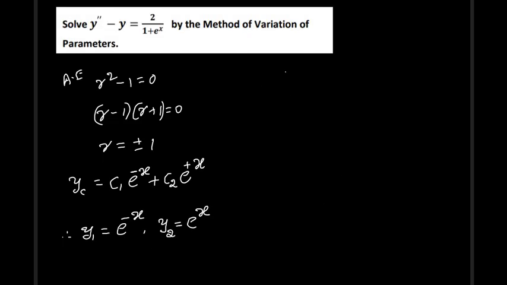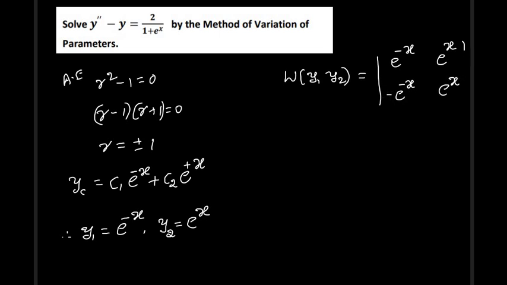Now you may look for the Wronskian of y1 and y2. I'm directly writing: this is e power negative x and this is e power x, and minus of e power minus x, because the derivative of e power minus x is minus of e power minus x, and here it is e power x only.